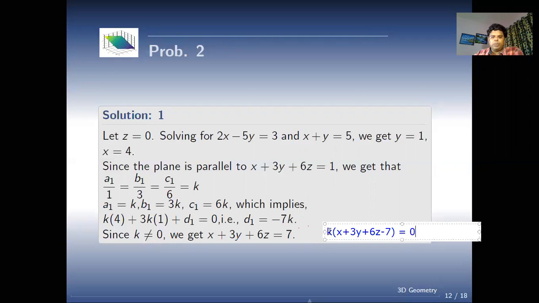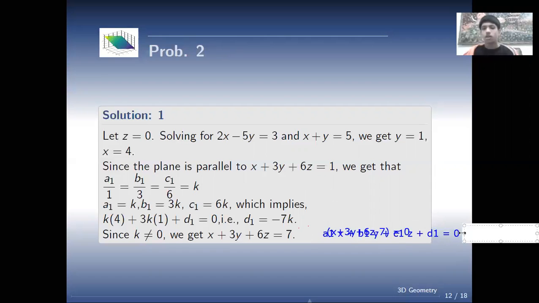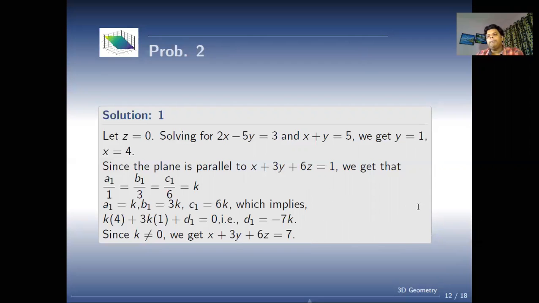But k is not 0, so that means x plus 3y plus 6z minus 7 is equal to 0. So I get the equation there. Fine? This is the equation of the plane that we're looking for.